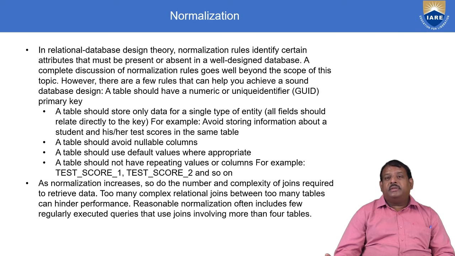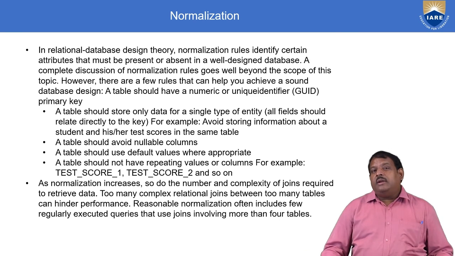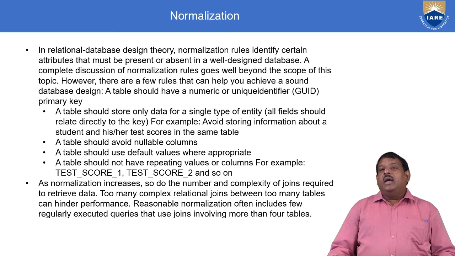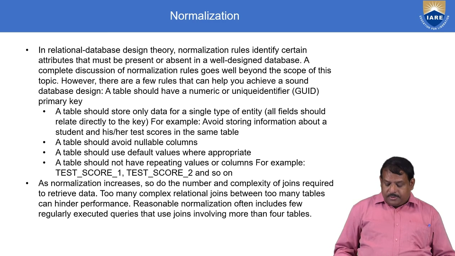Too many complex relational joins between too many tables can hinder performance. If you break the data too minutely, you have to use a lot of joins to get it back. Reasonable normalization often includes few regularly executed queries that use joins involving more than 4 tables.